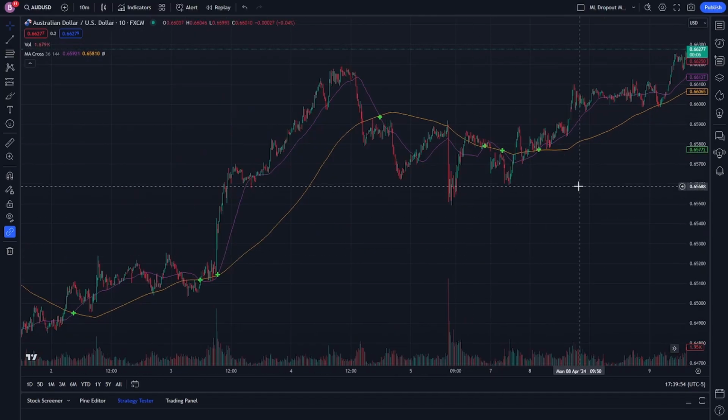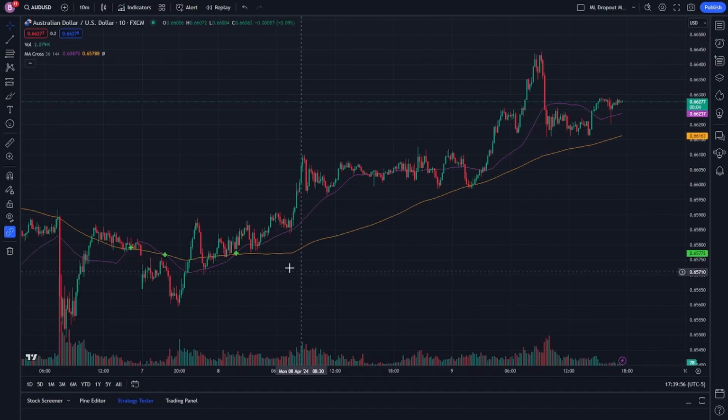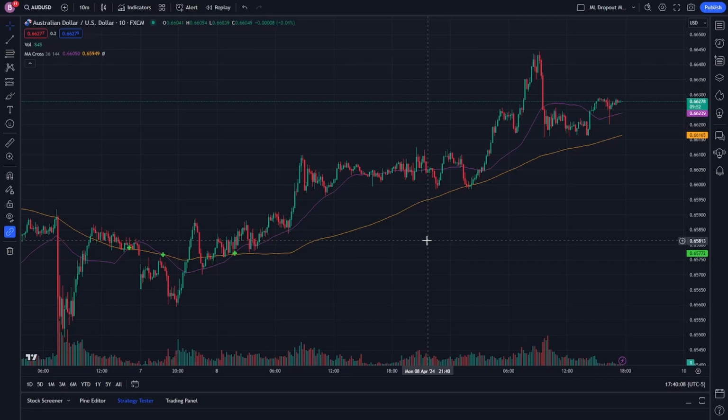So when we do this backtest, when the value of the short is higher than the value of the long, we're going to go long in our position. When the short falls below the long, we're going to go short in our position. We're always going to have a position open, always trading one side of the coin, depending on where this moving average is.